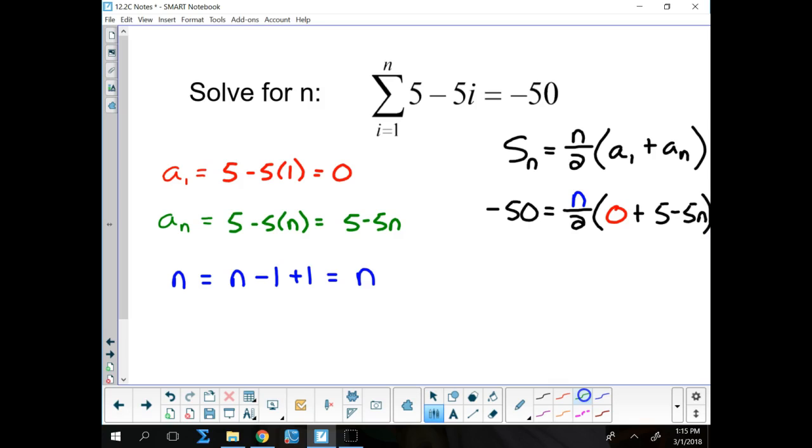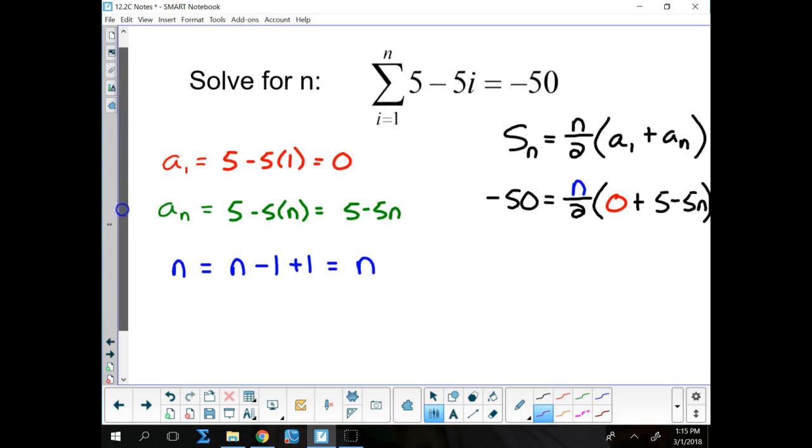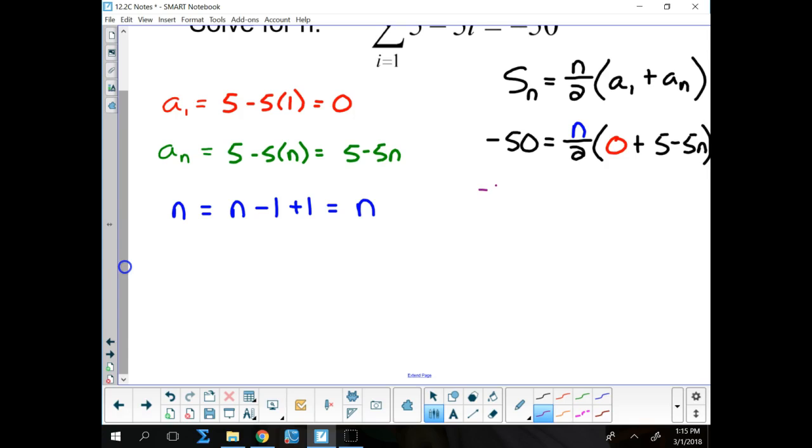Right? So if I simplify that, that's going to become negative 50 is equal to n over 2 times the quantity 5 minus 5n. Do I like that fraction n over 2? So what can I do? Multiply both sides by 2.